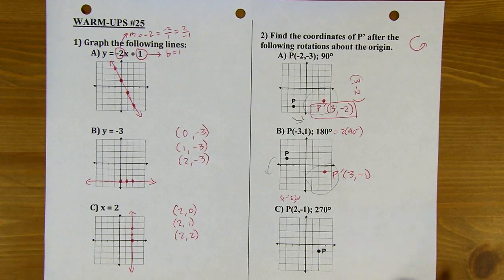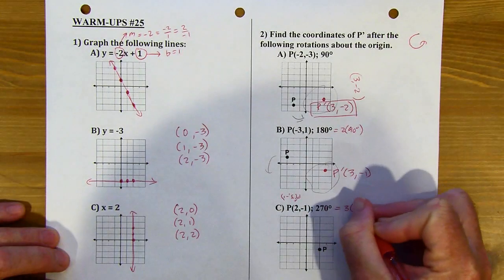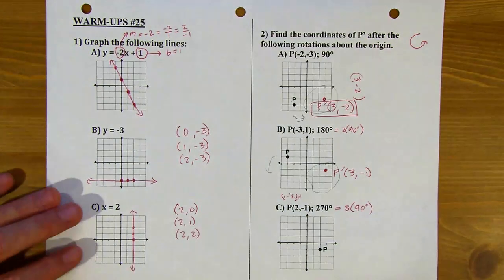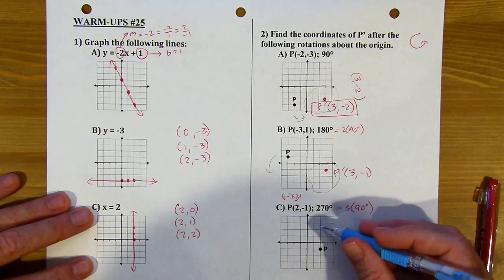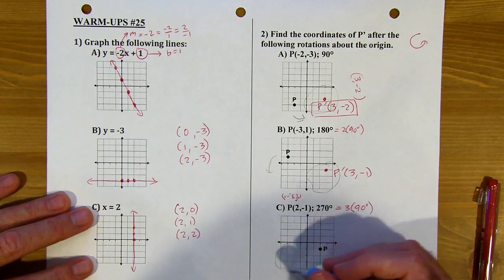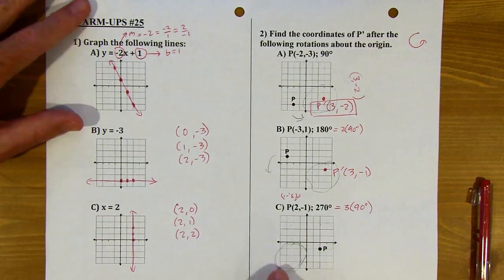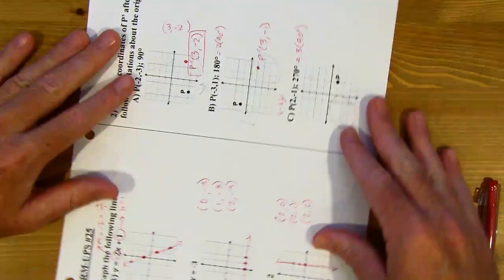Okay? And then, so my last one, 270 degrees, that's 3 90-degree turns, because 3 times 9 is 27, right? So I'm gonna take this point and think, okay, 90 degrees would put me up here somewhere, 180 over here somewhere, 270, I should end up down there. Okay, so let's actually do the turns and see if this ends up in that quadrant where I predicted. So here's 90-degree turn.